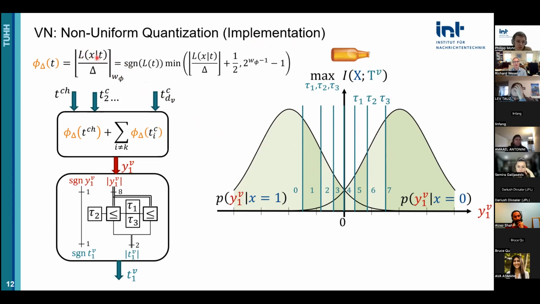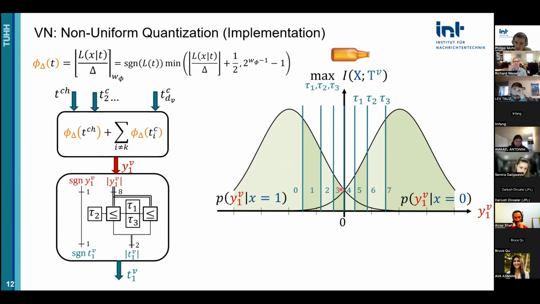We just scale the real valued integers with a parameter here, and we can then perform the translation as presented earlier. Then we have an integer addition, and we get an integer number. And now this number shall be quantized.